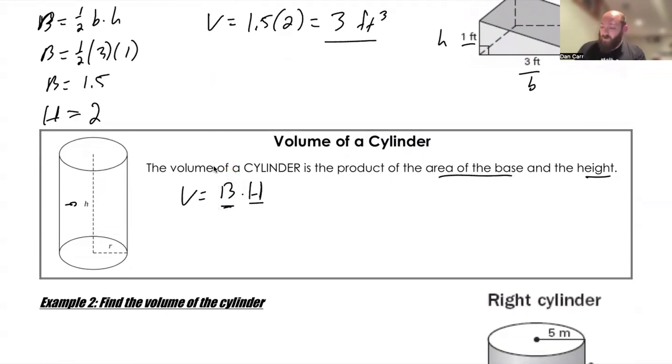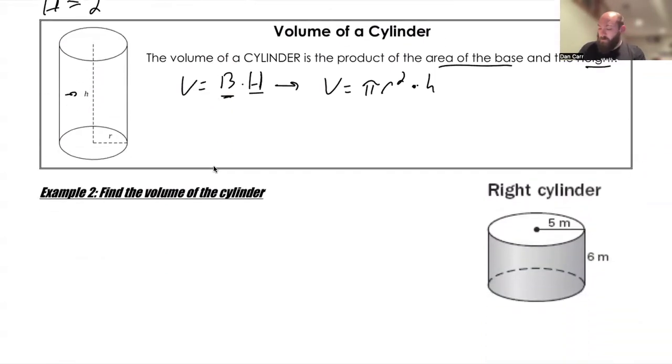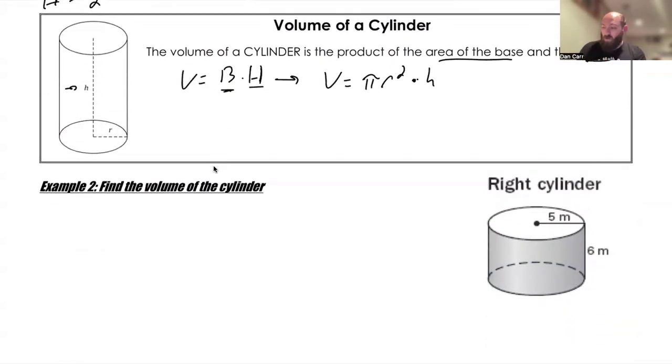So volume in this case can be pi times radius squared times my height, so pi r squared h. When I come down here, all I need is r and h. r is given here as 5, and h is 6. So I can go right to my formula. Volume is equal to pi times 5 squared times my height of 6.